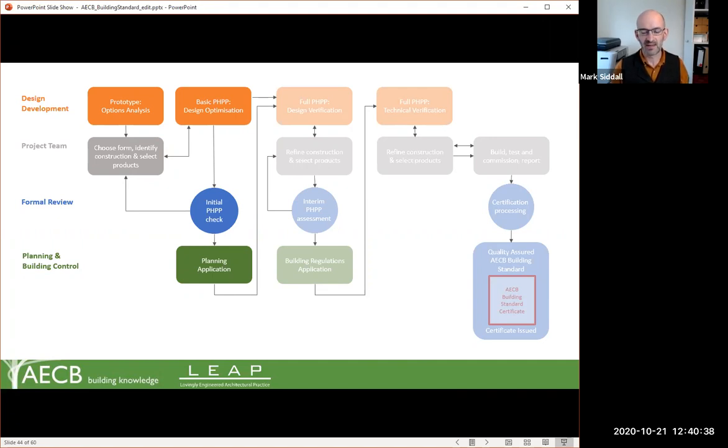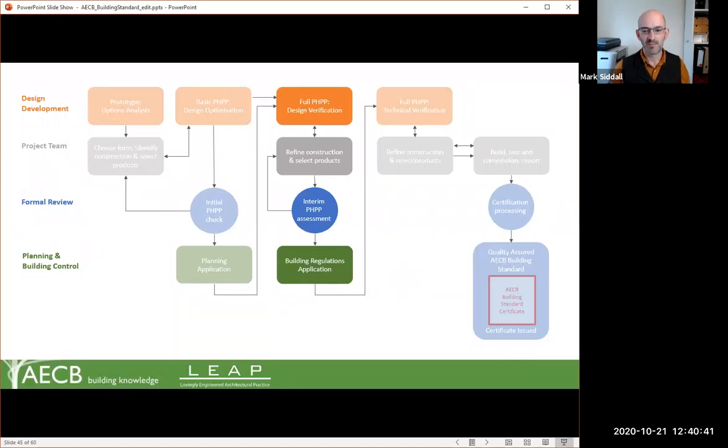If it's mainly fabric related, then the verification in terms of PER can be developed at a later stage. And again, there's an iterative process here, looking at the design, refining the systems and the selection of products, before a building regulations application would be made.